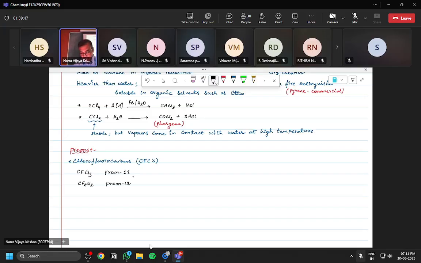These two are used as refrigerants. Right? Then CF3Cl. Now 0, 1, 3. So freon 1, 3. Now it is written as freon, carbons 2.